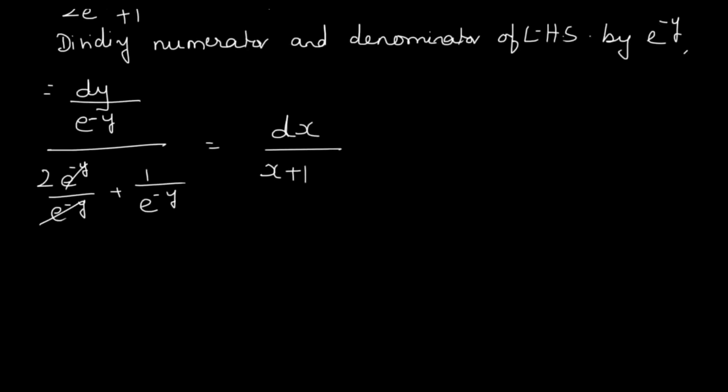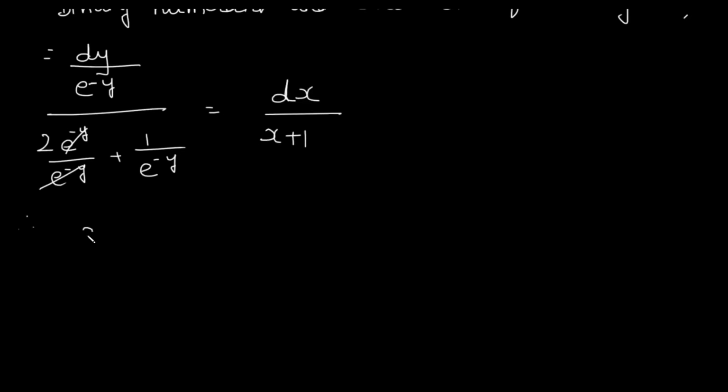So our term becomes this way: e raised to y dy upon 2 plus e raised to y is equal to dx upon x plus 1. This way, now we can start with our integration.